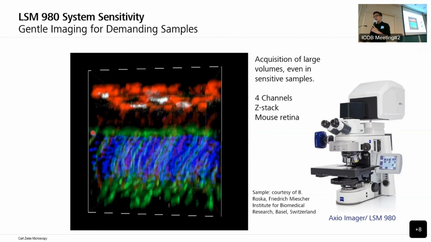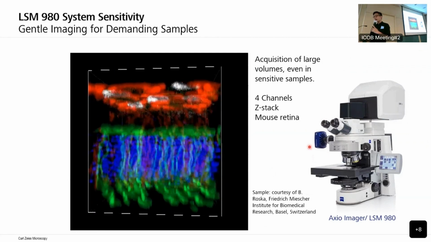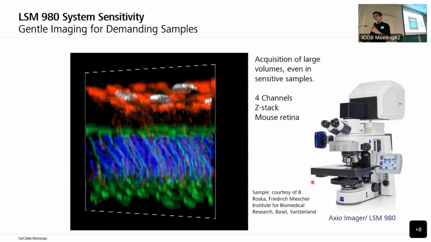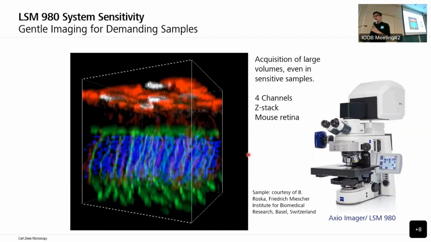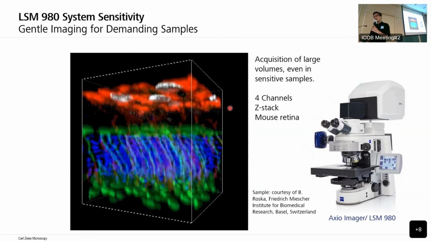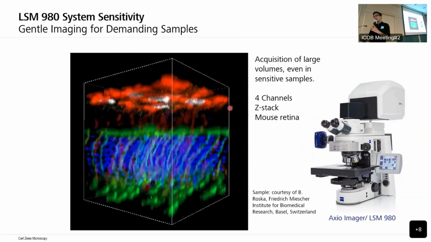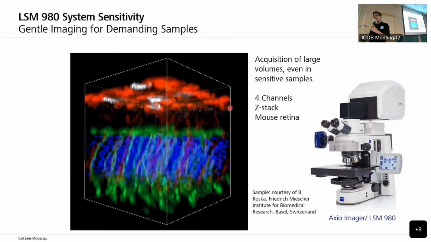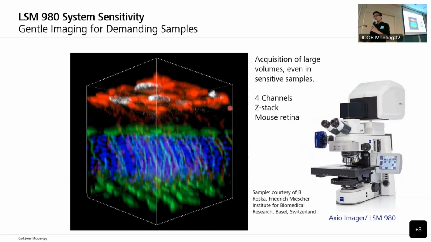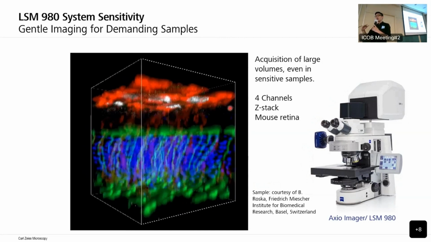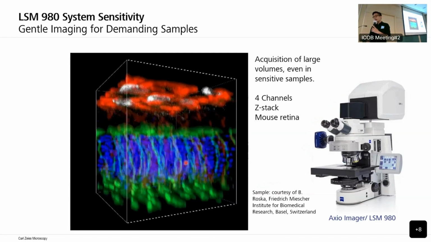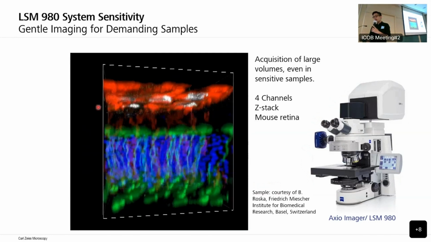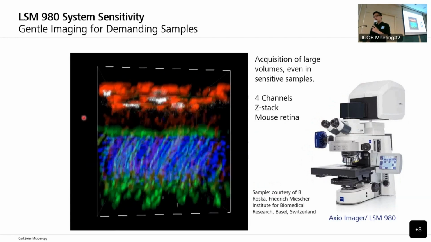So by using the confocal systems, for example, the LSM 980, we can do the tile scan, which means we collect multiple images along the XY axis, and then we do the Z-stack images. We also collect multiple Z-stack images, then we reconstruct the whole signals into the 3D data set.